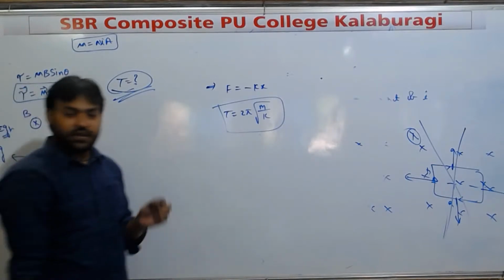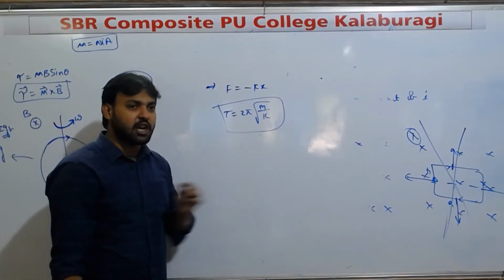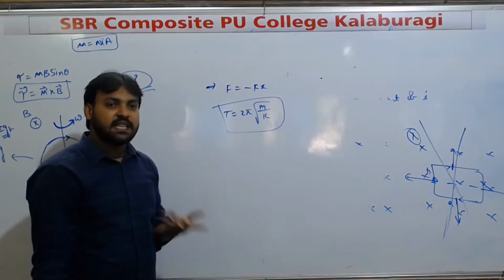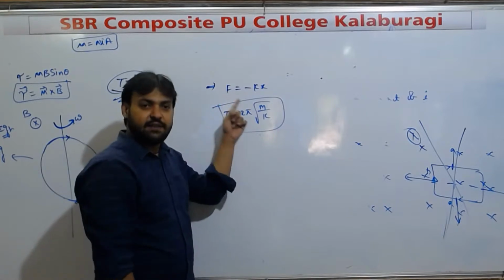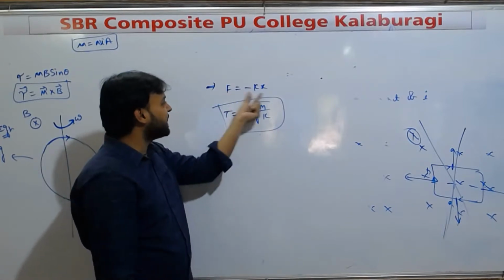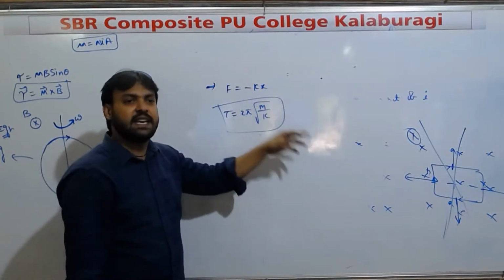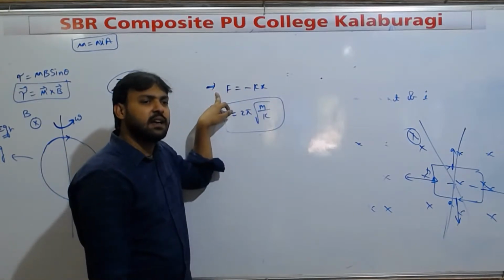In charges, if you move a charge and if you leave there, what will happen? It will oscillate. In the sense, what to calculate? Net force you have to calculate at that point. That net force you have to resolve in such a way that it should come in the form of F equals minus kx. Why F equals minus kx?